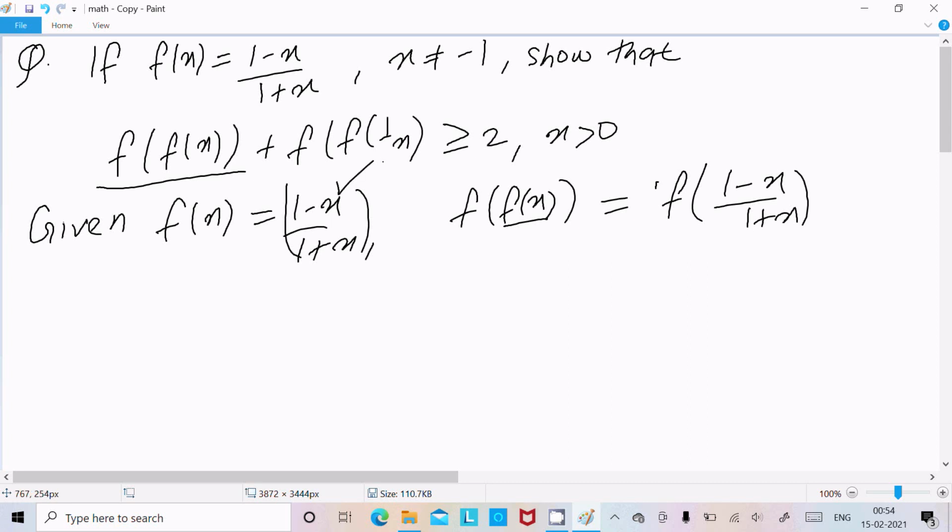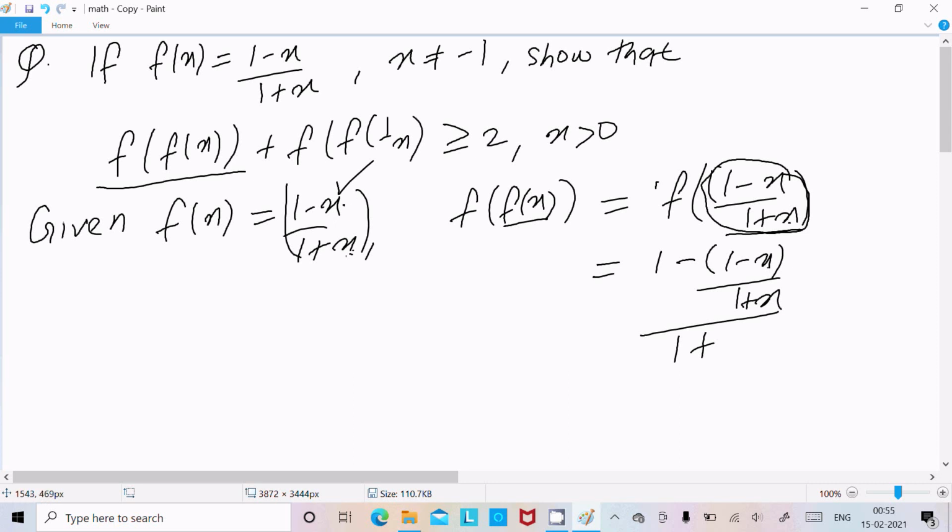In place of x, we need to write this whole thing. So here, 1 minus (1 minus x) by (1 plus x), divided by 1 plus (1 minus x) by (1 plus x). In x's place we need to write these things. So this part has been completed.